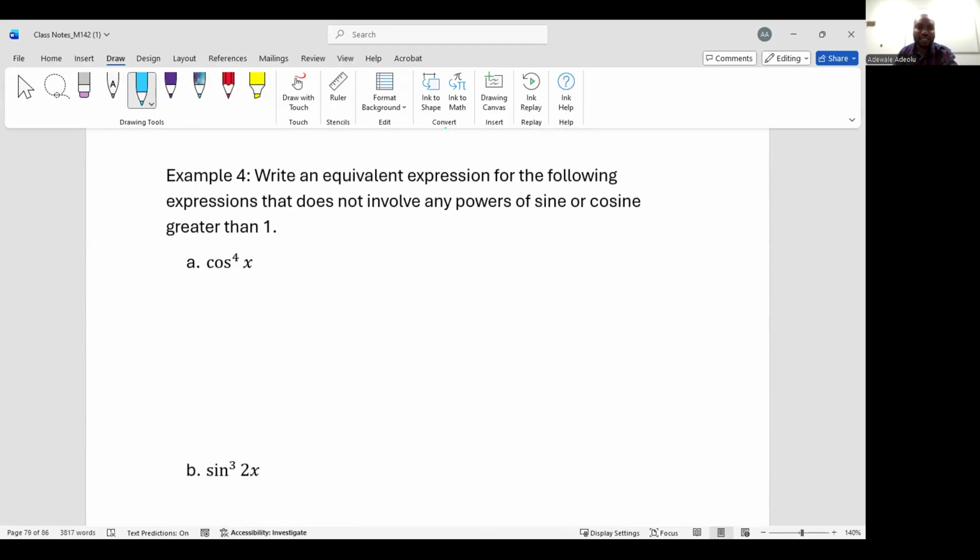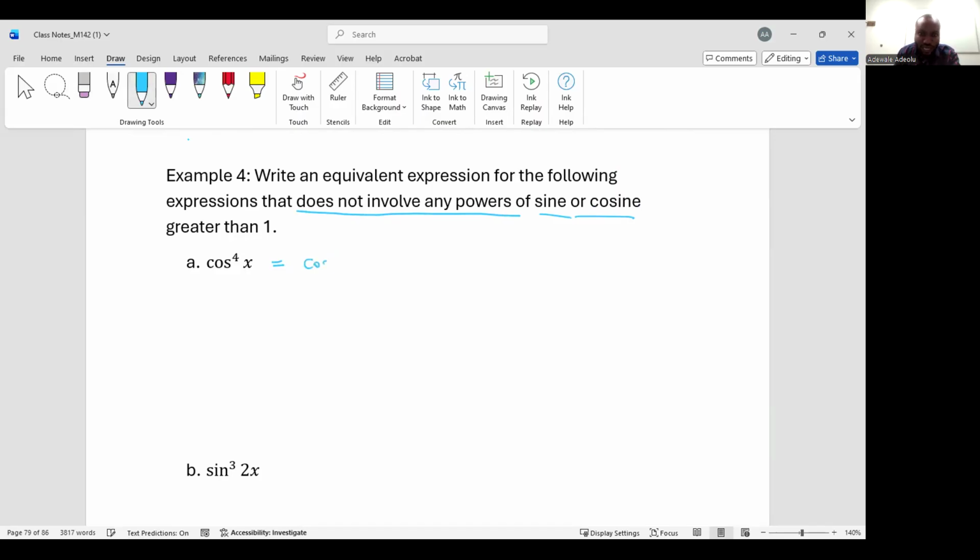Okay, write an equivalent, as an example, for the following expressions that does not involve any powers of sine or cosine greater than 1. Put differently, we are saying reduce this to cosine or sine that is not more than power of 1. So, looking at this, I can say, okay, let us do something.